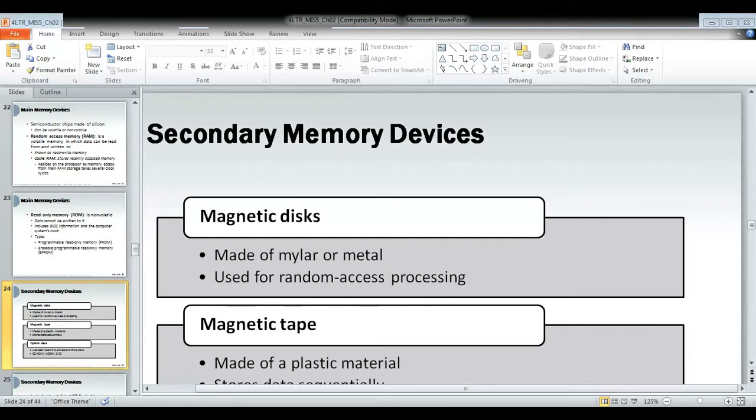And we also have another one called optical disk, which uses a laser beam to access and store data. That's something like CD-ROM or DVD-ROM, these kinds of secondary memory, which are called optical disks.